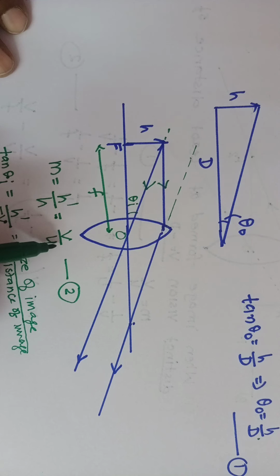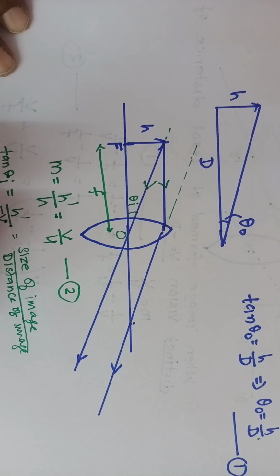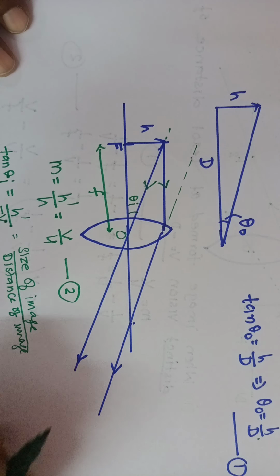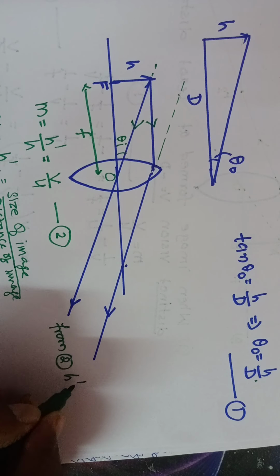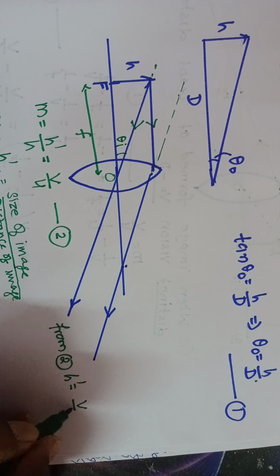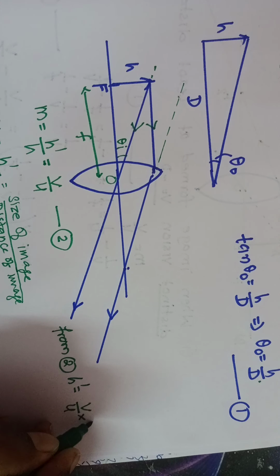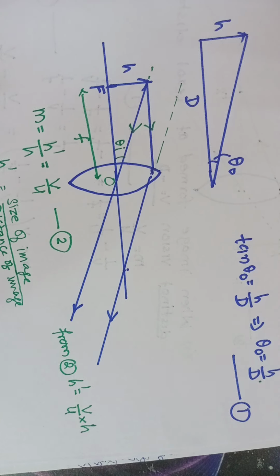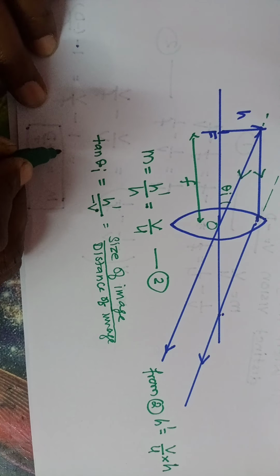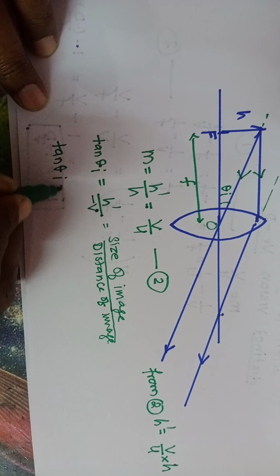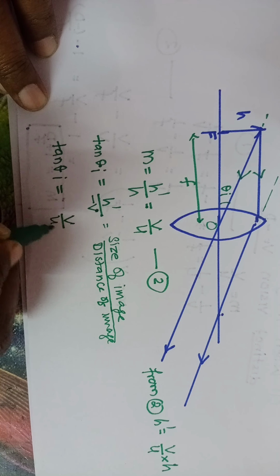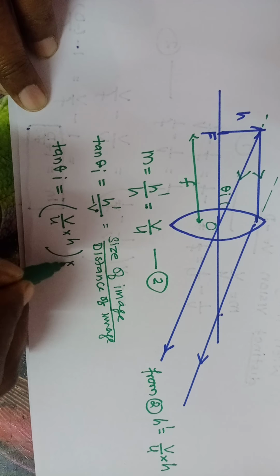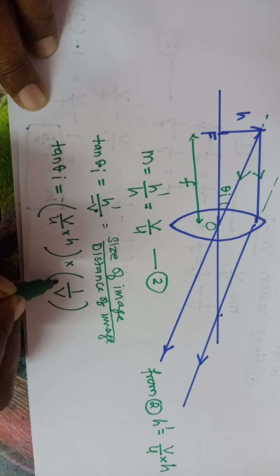So from equation 2, what will be the value of H dash? H dash equal to what? H dash is nothing but V by U into H. This H dash we will put in this formula, tan theta I. Later we will convert it to theta I. H dash, V by U into H, into 1 by minus V. This V we cut.